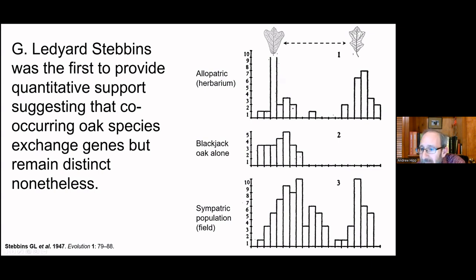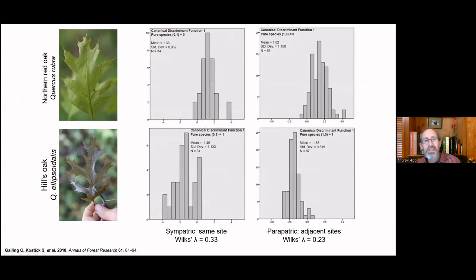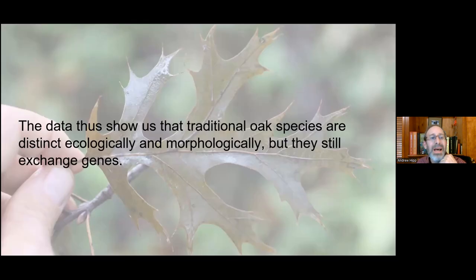So this was the first study to really suggest, as later studies would go on to show, like this beautiful work in Quercus in red oak and Hill's oak by Oliver Gailing and colleagues, that when species grow together, they can exchange genes, and those genes can really influence how they grow and who survives. So data that we have today show us that traditional oak species are distinct ecologically and morphologically, but they still exchange genes.